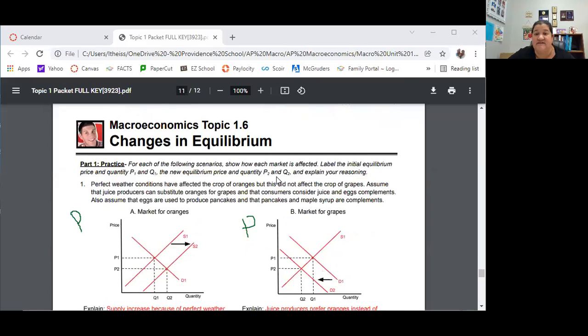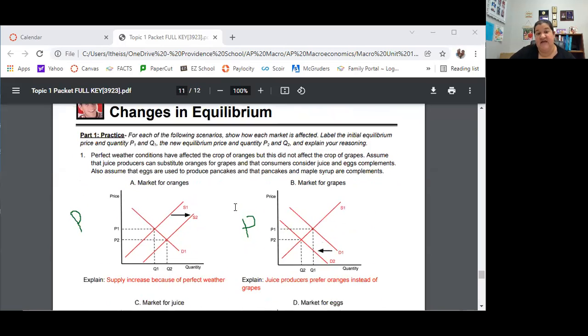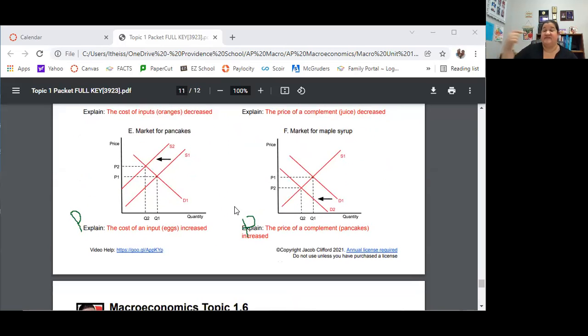They told us to consider eggs are used in the production of pancakes. So if the cost of my materials to produce pancakes is more expensive, the price went up for my materials, my supply is going to decrease because now it's more expensive to produce. So I'm going to supply fewer of them.